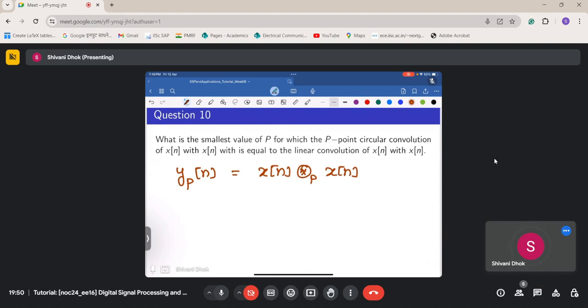So now we know that for a linear convolution, let's say y of n is equal to x of n convolved with x of n, and this is linear convolution.